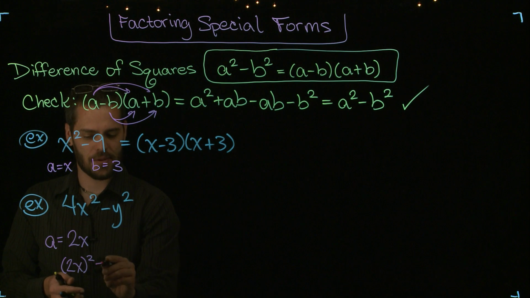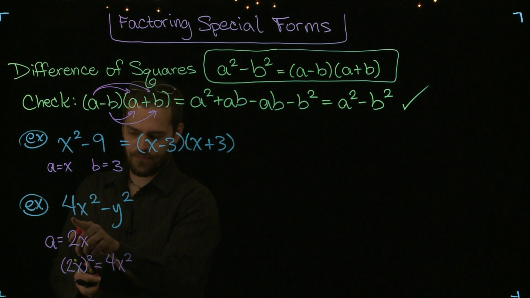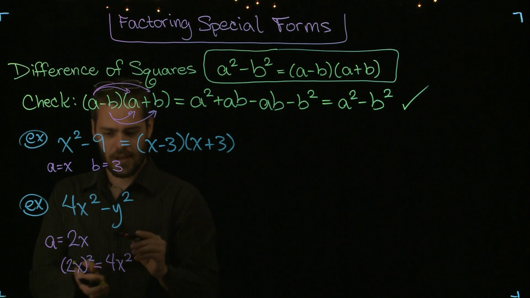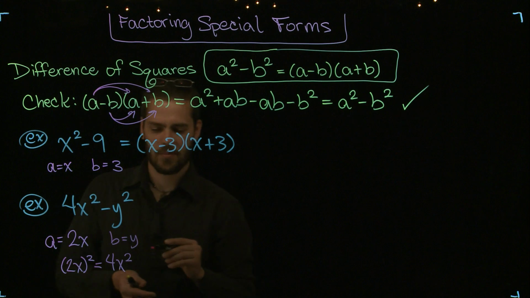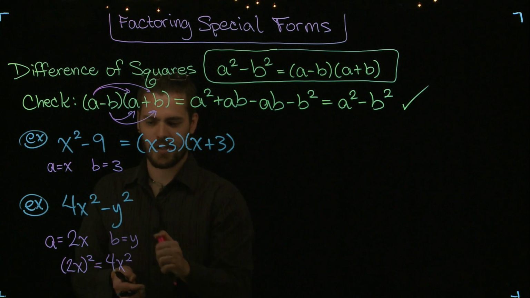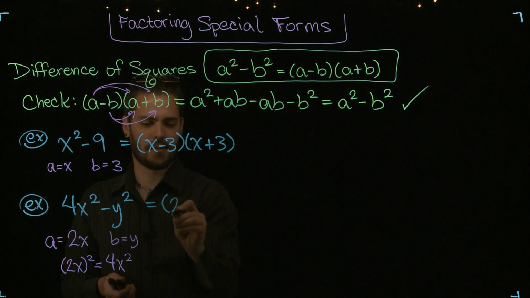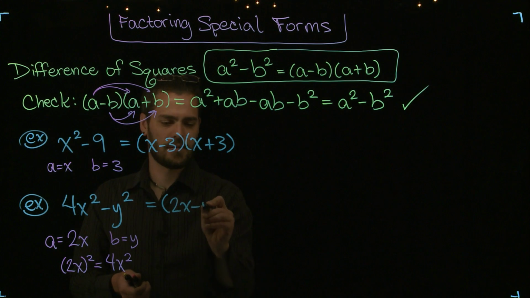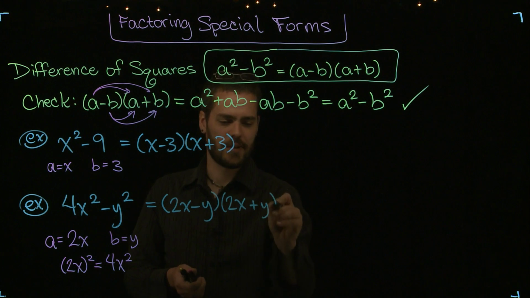That's 2x times 2x, which comes out as 4x squared. So indeed, a is 2x. From the y squared, clearly y is equal to b, because if we square it, we get y squared. Therefore, I can say that this must factor to 2x minus y times 2x plus y.